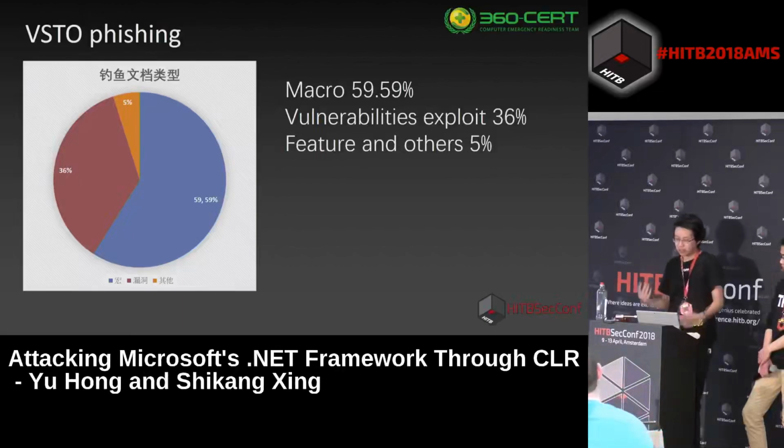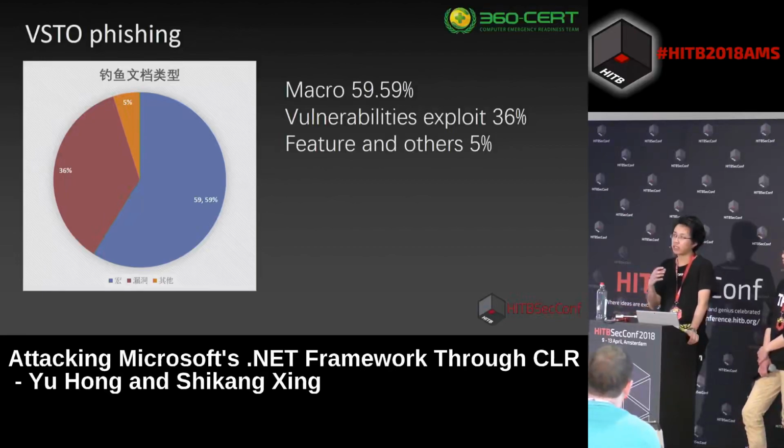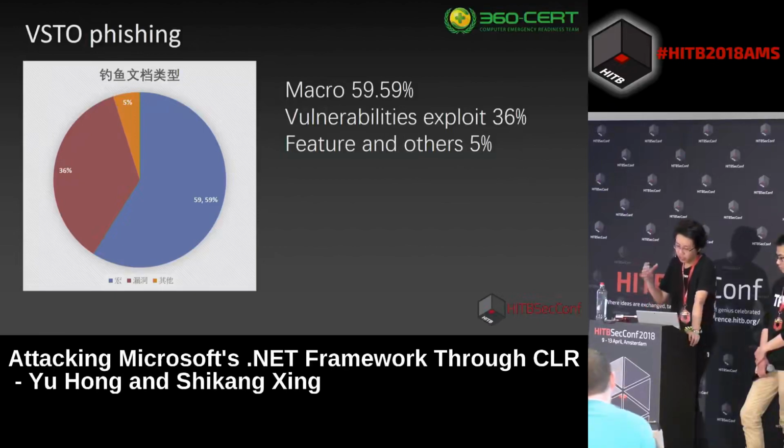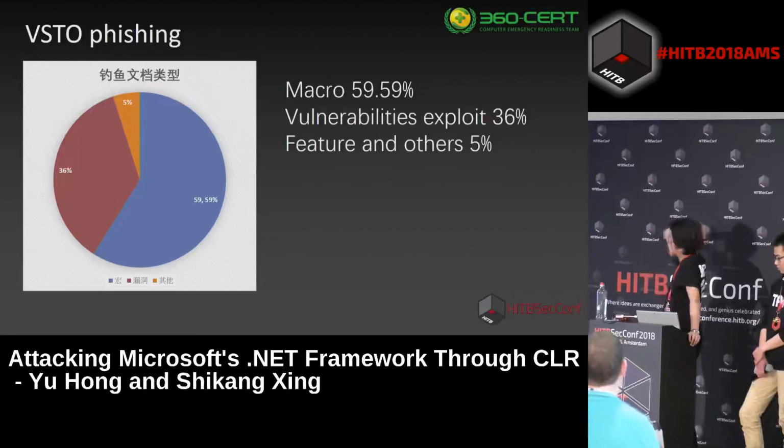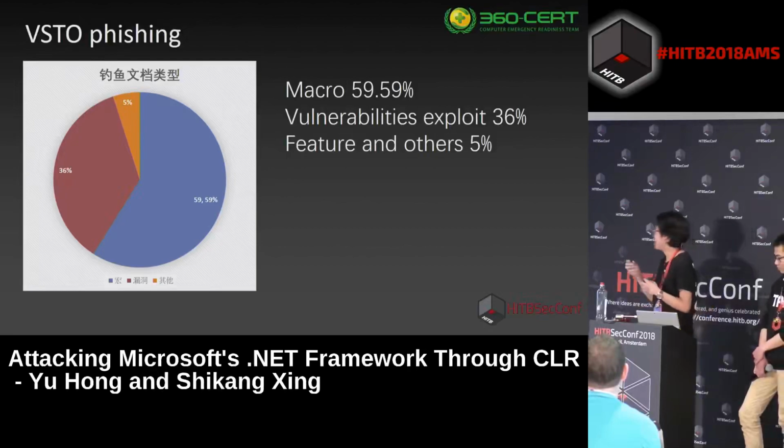We count the documentation phishing we caught with our EK landing. We have a system that can land some exploit kits, and our system has a sandbox. We caught the documentation phishing in a month. The result, sorry, the image I have not changed to the English version.